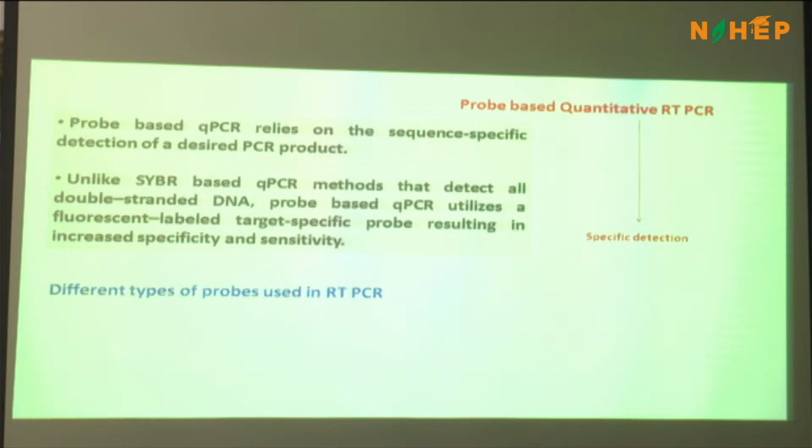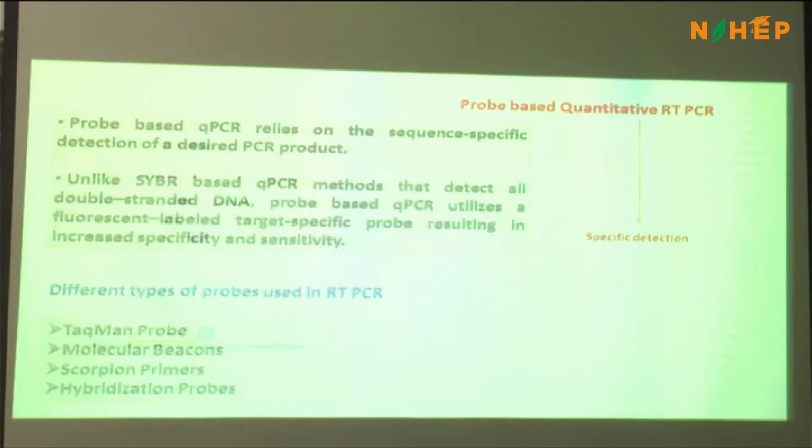So there is a reporter, there is a quencher. The unique property of this particular probe is that it doesn't fluoresce when the quencher is in close proximity to the reporter. If that is there, then it is not going to give any fluorescence. So if you want to see the fluorescence, the quencher has to be removed. That is the whole story.